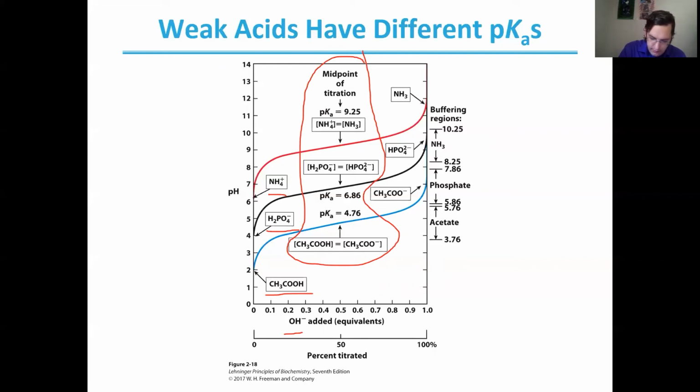Notice for each of these, the pH over here on the y-axis is corresponding to the pKa of that specific weak acid. And of course, as we continue to add our strong base, we can eventually convert it over into our conjugate base form.